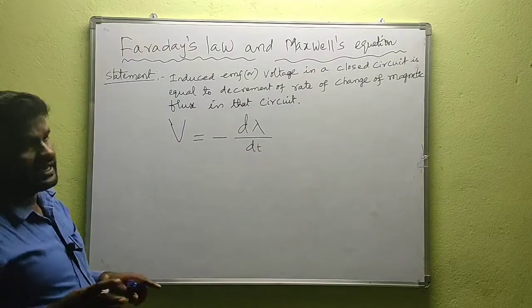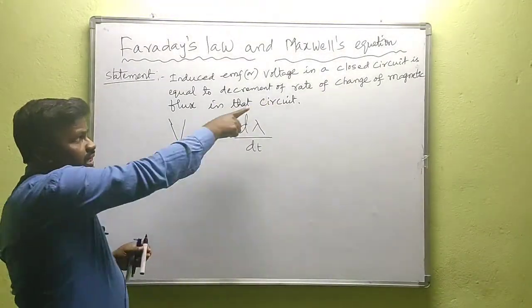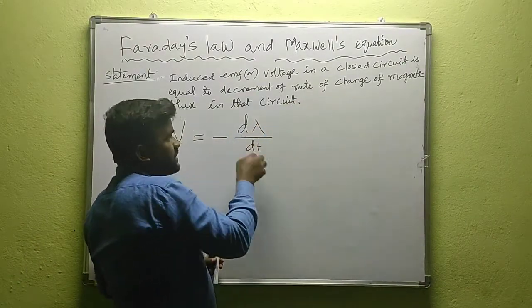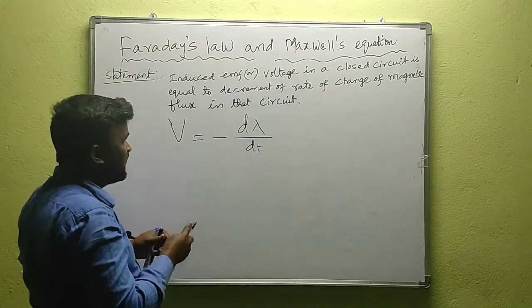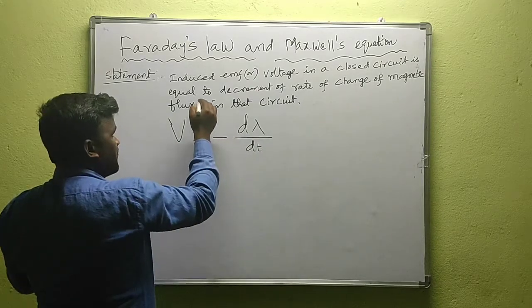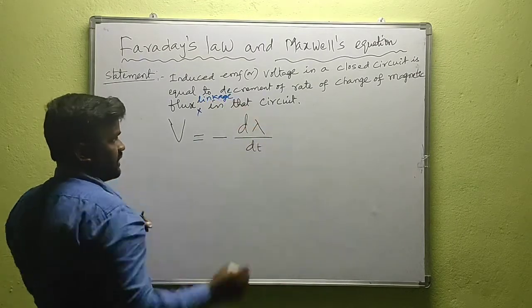Okay. So once again I am repeating, induced EMF or voltage in a closed circuit is equal to decrement of rate of change of magnetic flux linkage. I forgot to write linkage, that is magnetic flux linkage in that circuit.